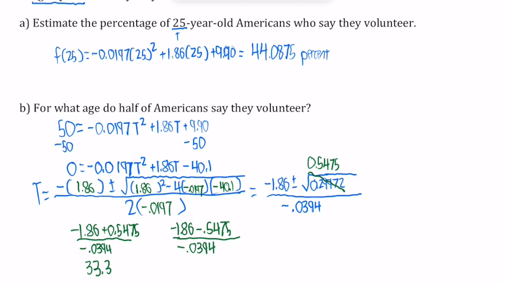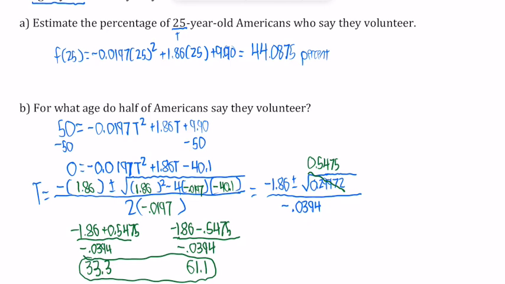For the next one, negative 1.86 minus 0.5475 divided by negative 0.0394, I get about 61.1. So there's two answers here. People who are a little bit older than 33 or people who are a little bit older than 61, about half of those would say that they volunteer.